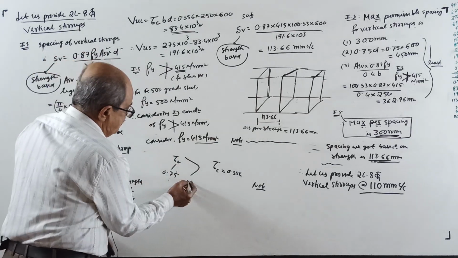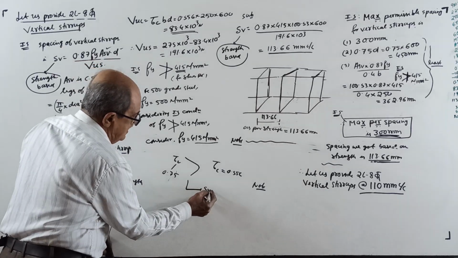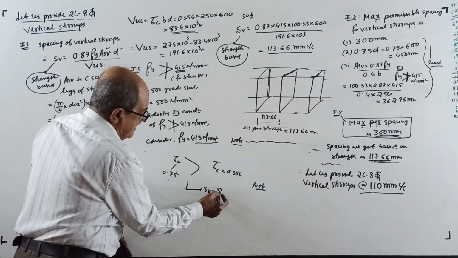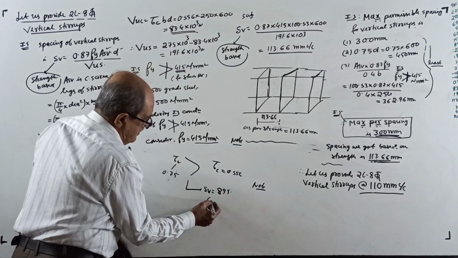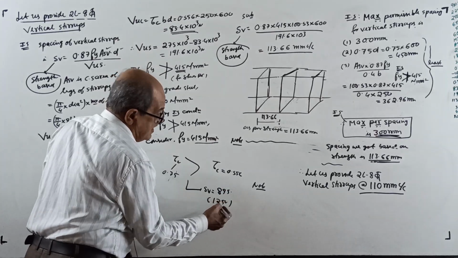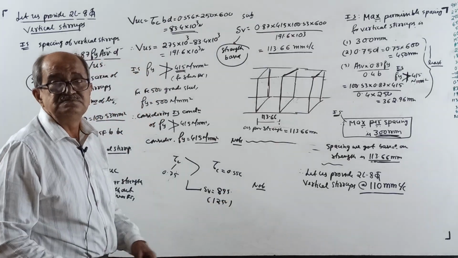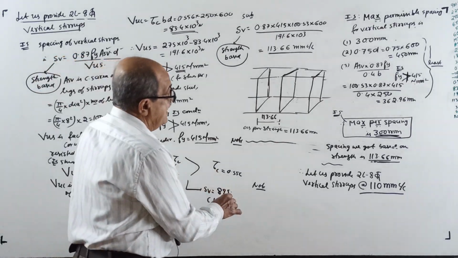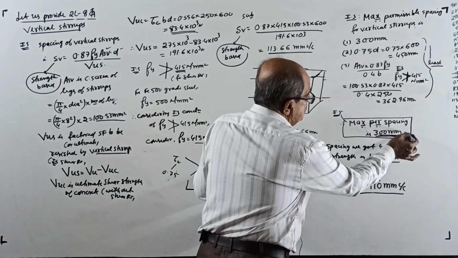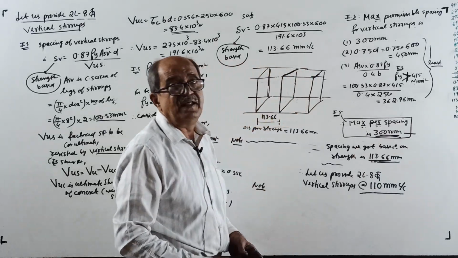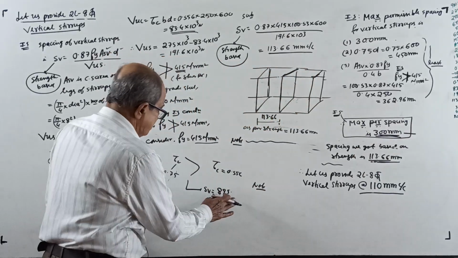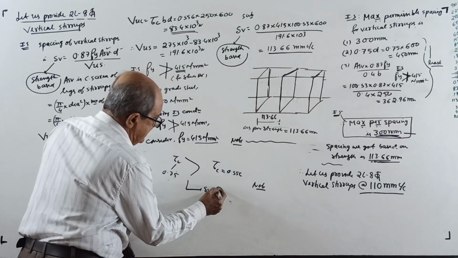What will happen is, when you calculate spacing Sv, it may come to some 895 millimeter, sometimes even 1250, etc. A high number will come. Then what to do? But IS code told you cannot give more than 300. In such cases, suppose the spacing came 895 millimeter.